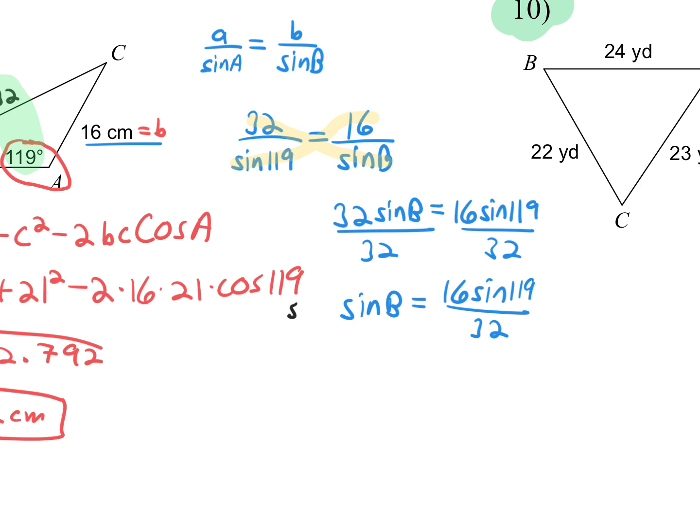Yeah, right, with the inverse. We're going to do sine inverse on both sides. All right, so let's plug in sine inverse, this whole thing into our calculators. Again, as always, be very careful with what you're plugging in. And then we should get B. Angle B is 25.9 degrees.